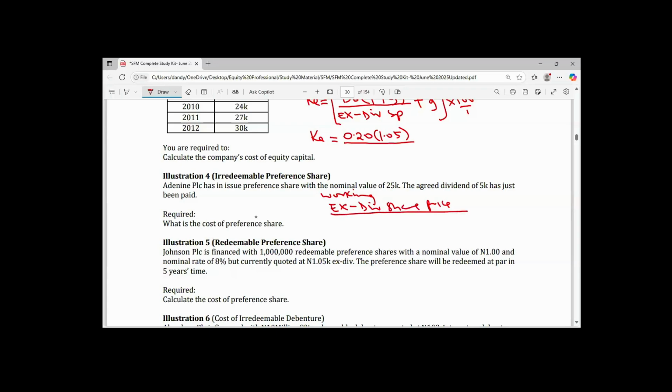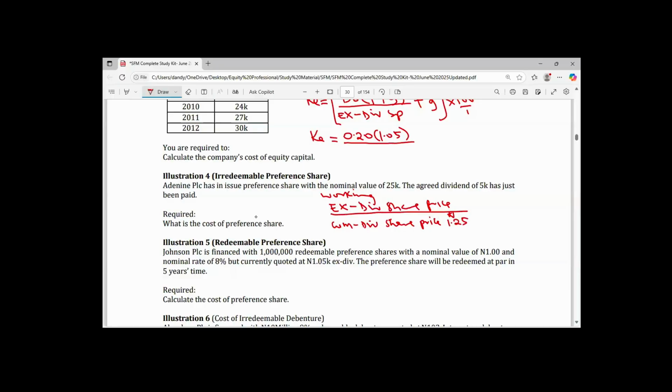I want to use the tabular method to do this. Cum div share price, according to the question, we are given 1 naira 25 kobo.